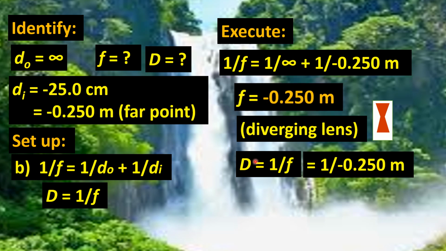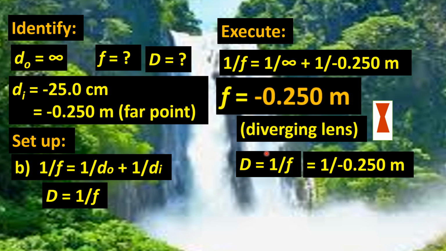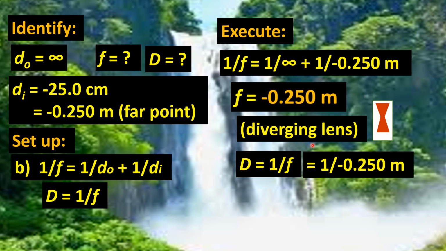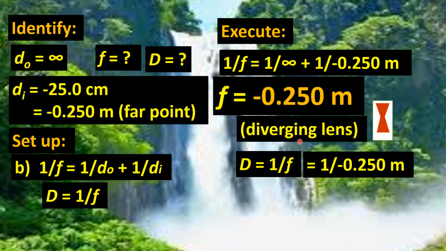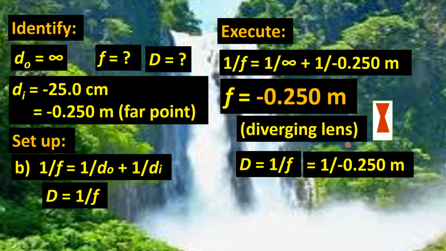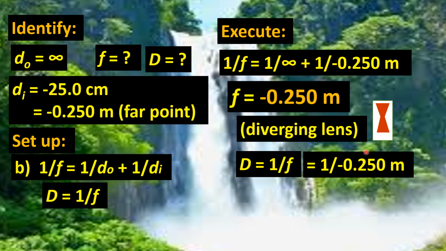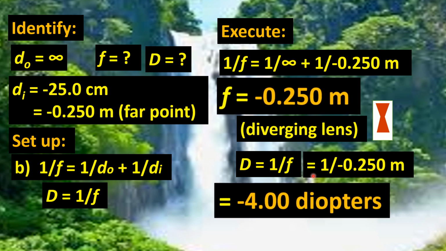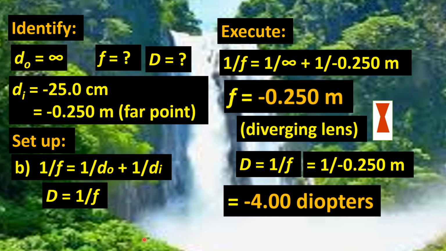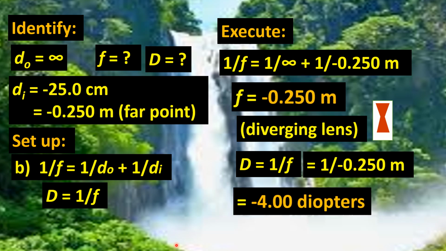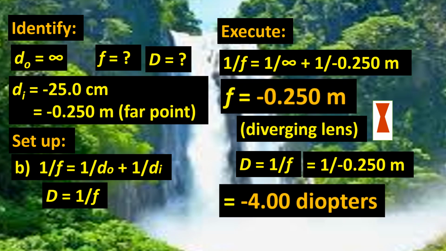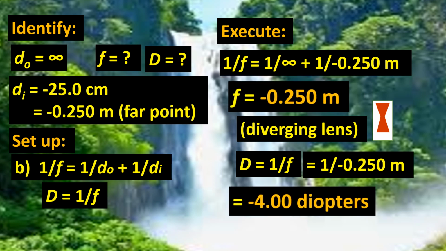So, moving on to our calculation for the dioptic power, capital D, 1 over f, we substitute 1 over negative 0.250 meters, and we get the dioptic power of this lens equal to negative 4.00 diopters.